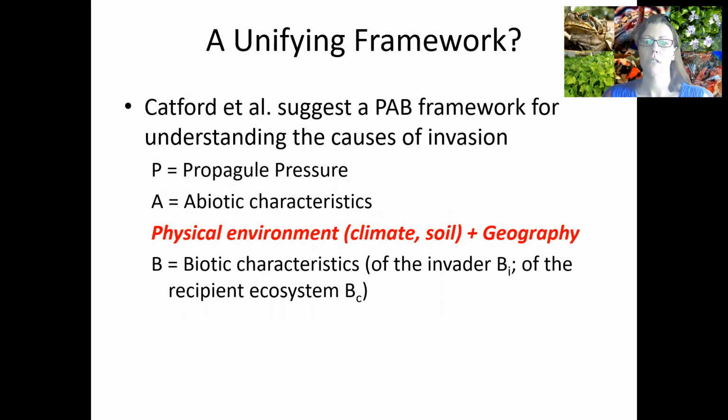So the climate conditions, the type of soil, other geographic phenomena, like how easy it might be to disperse through an area because of the geography, if there are major barriers in that area, the topography, including aspect, things like that, north facing, south facing, anything that would prevent or allow for a species to persist and spread within an area that doesn't include directly the biological component of it.